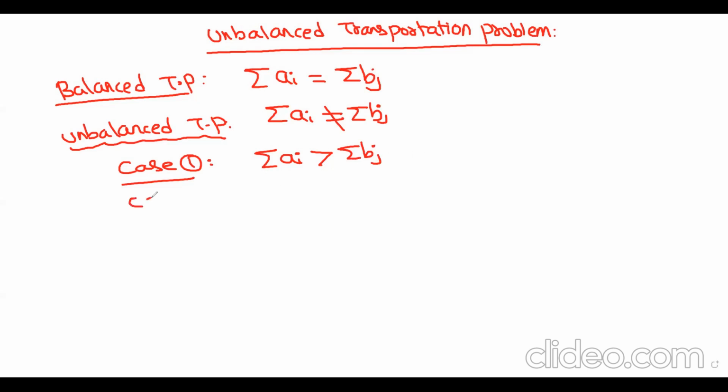In case 2, summation Ai is less than summation Bj. Here we introduce a dummy row. So unbalanced means summation of Ai not equal to summation Bj: either greater or less.